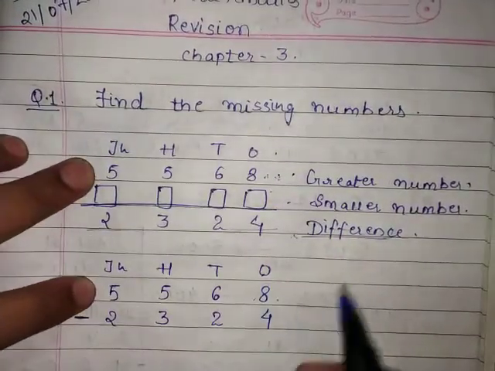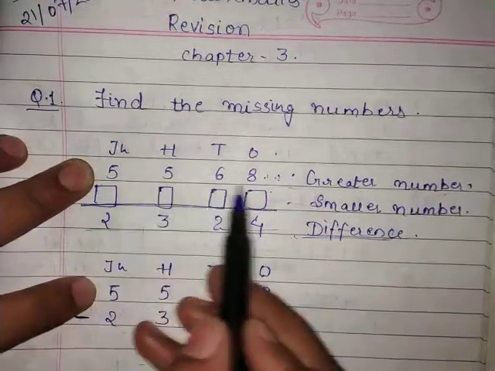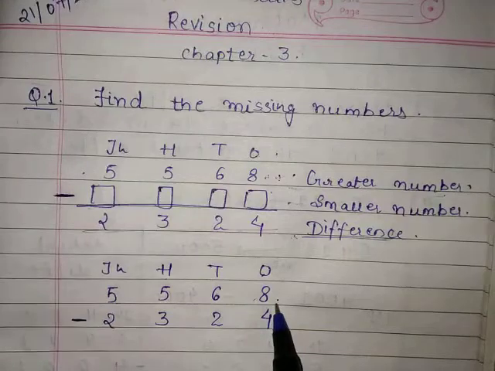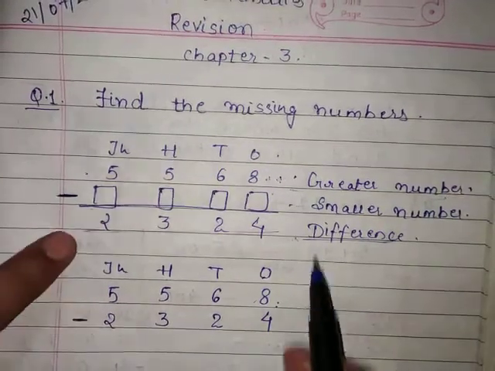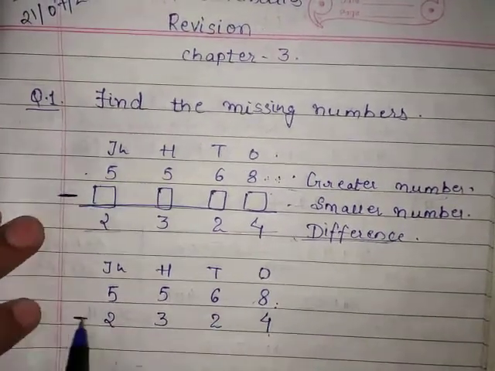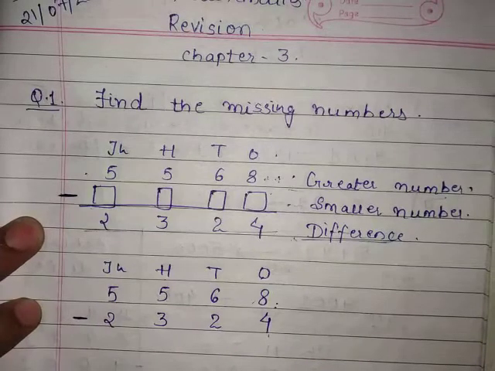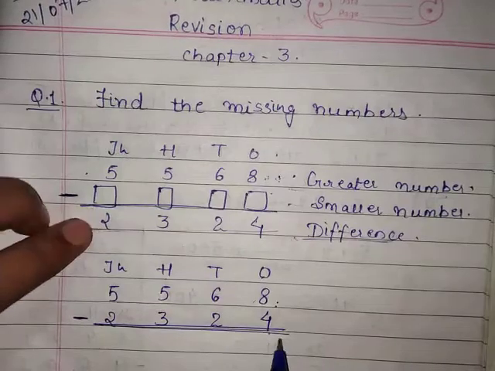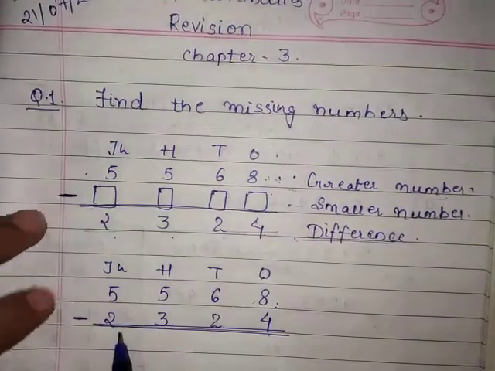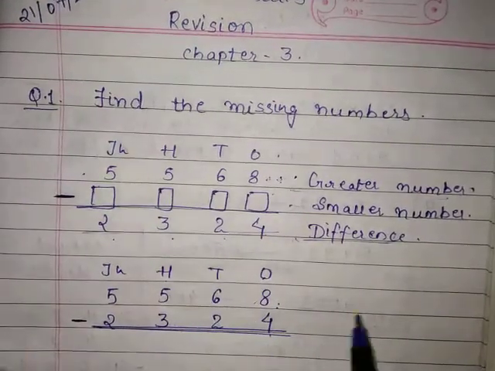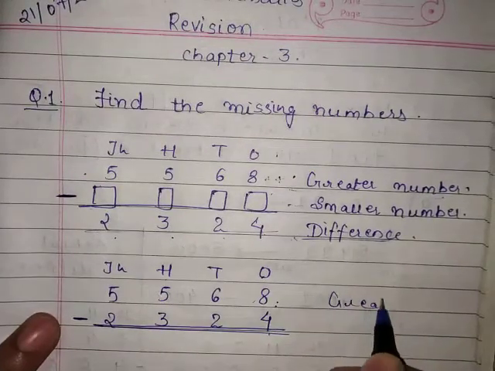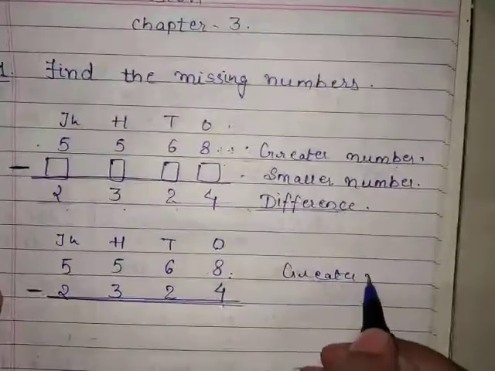You can see the greater number was 5568. So first we write the greater number, then we write the difference, and then we do the subtraction. The difference was 2324, so here we have written the difference. You can see this is the greater number here, alright?